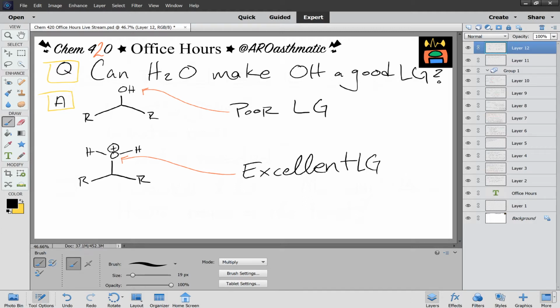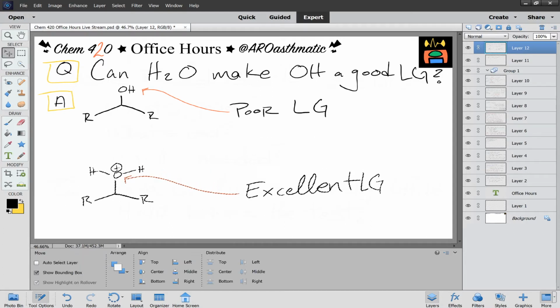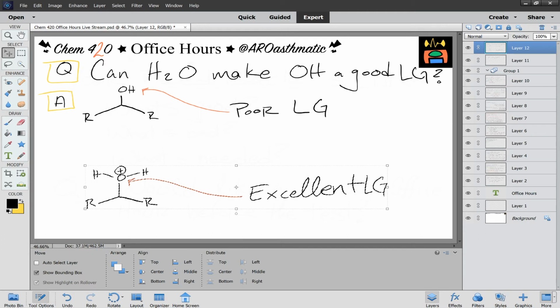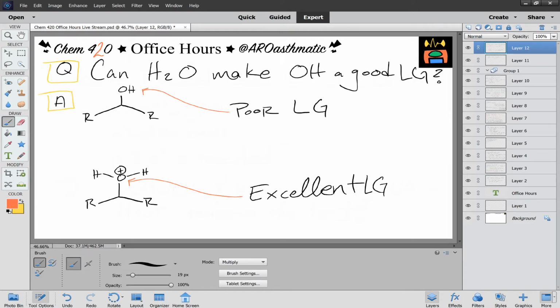So the question that you have to ask is this: what reaction do you need to do to turn your OH into a water molecule, to add that H and then add the positive charge?